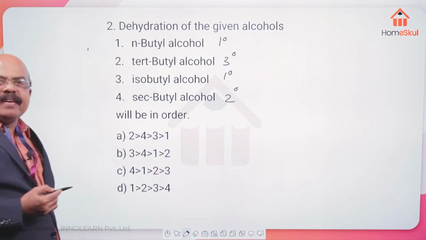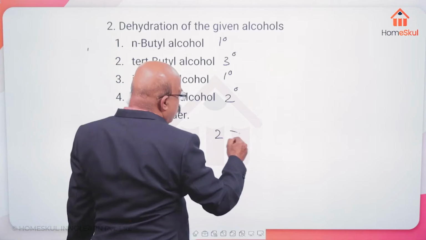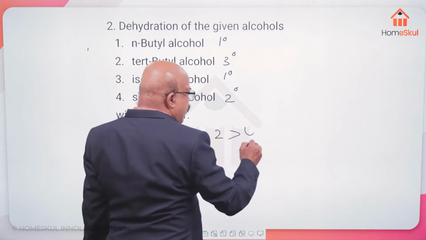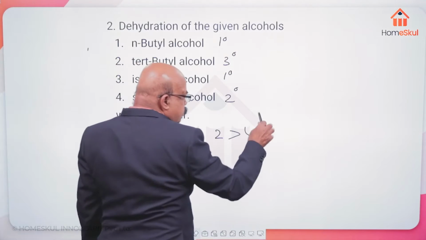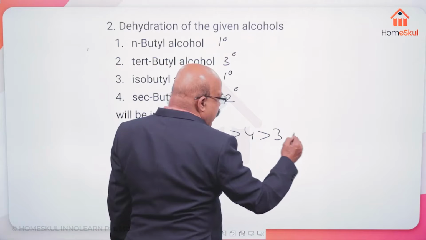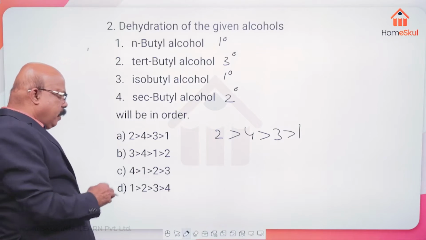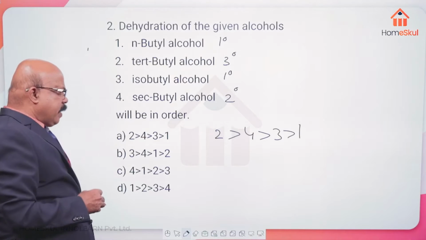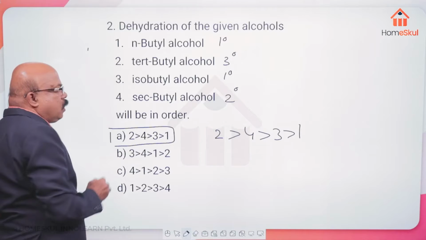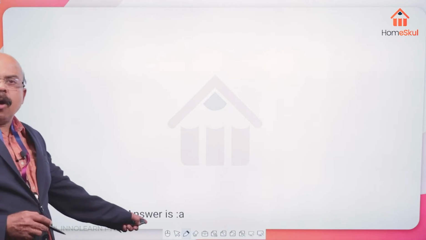Therefore, the reaction rate: the second one is most reactive, then the secondary, fourth one, then the more hindered primary, third one, then the first one. So the order is 2 greater than 4 greater than 3 greater than 1. Option A is your answer.